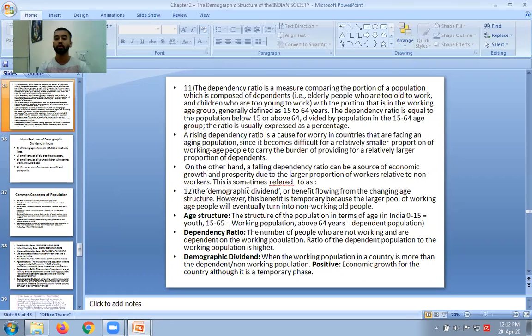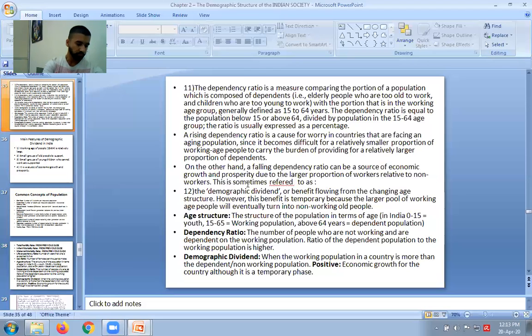They're always going to become economically well-off. That's what actually happens. They prosper. They get more success in terms of economic matters. So it's always a good condition, right? So this is what happens in rising dependency ratio and falling dependency ratio. Okay, so this is what I wanted to discuss with all of you.